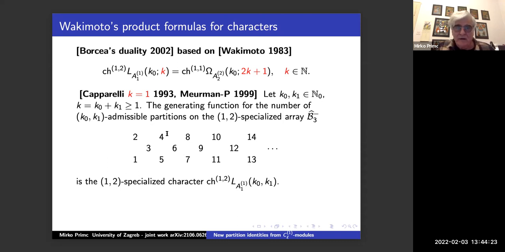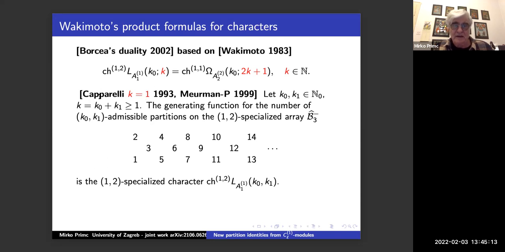So for K_0, K_1, the generating function for admissible partitions on this array, specialized, which is written here, is the 1,2 specialized character of A_1^(1) of level K. So what it says is that K_0, K_1 admissible partitions on this array are equal to this product that comes from A_2^(2).